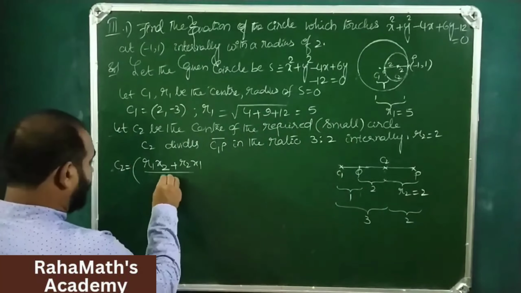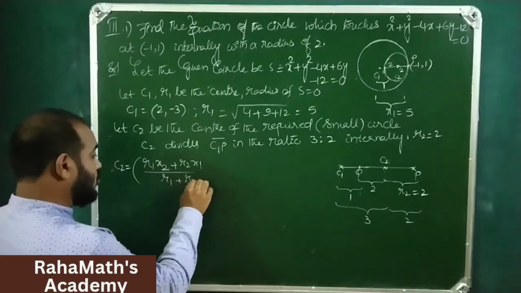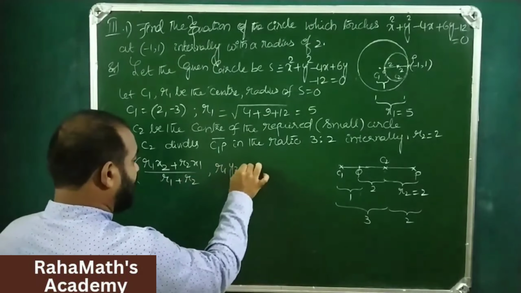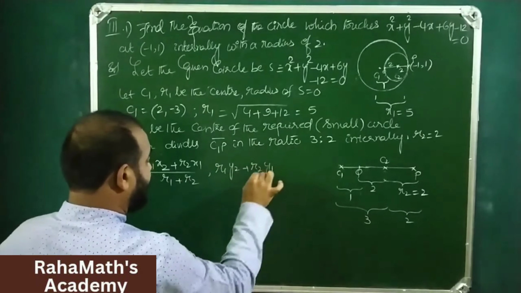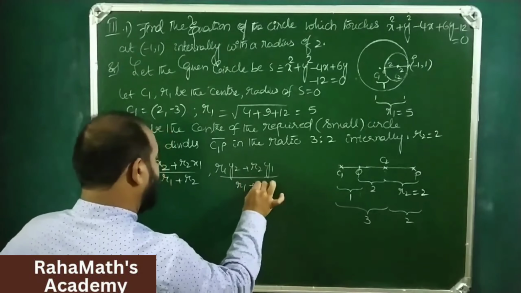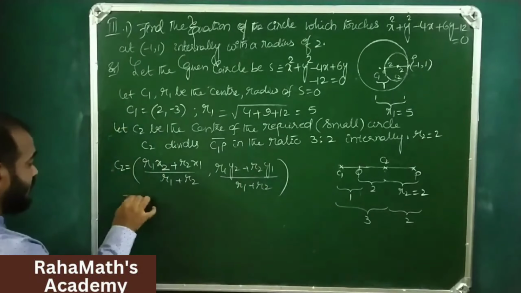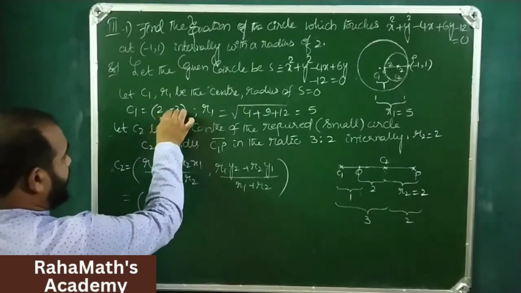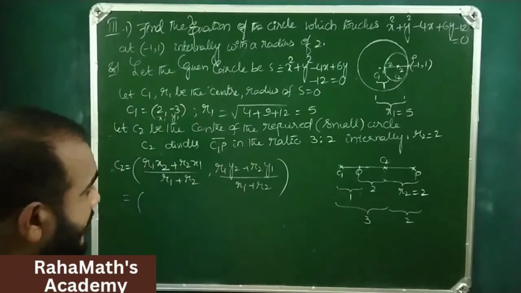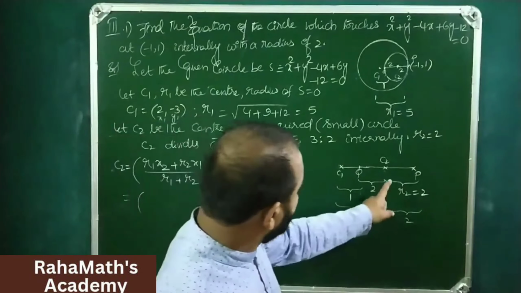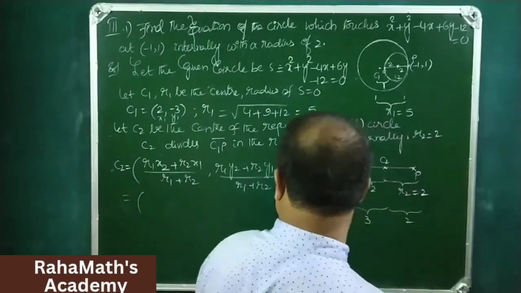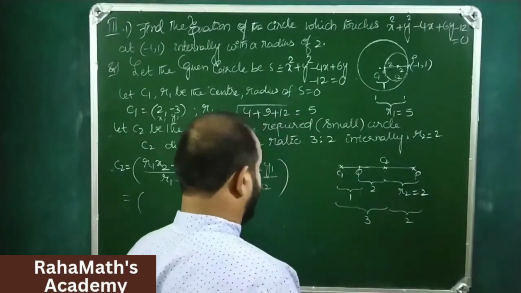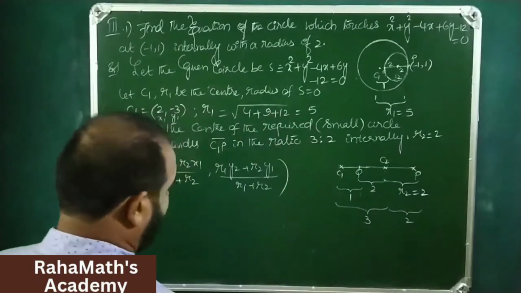So R1X2 plus R2X1 by R1 plus R2, R1Y2 plus R2Y1 by R1 plus R2. Now simply everything we have. So this is X1 Y1. Okay. And this C2, which we don't know, we are getting after some time. So R1X2.